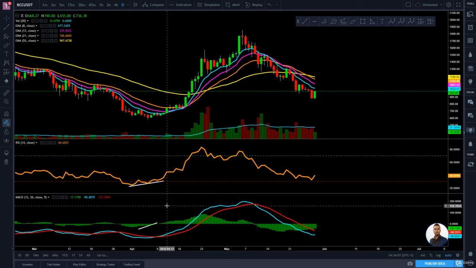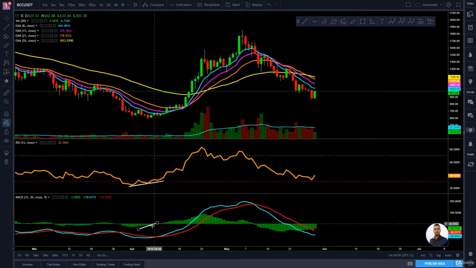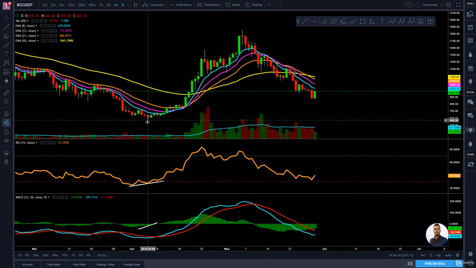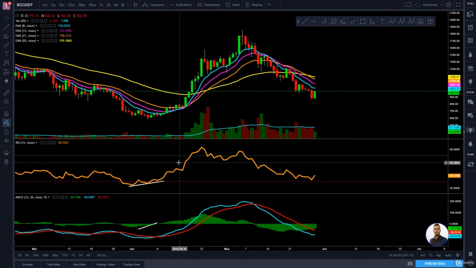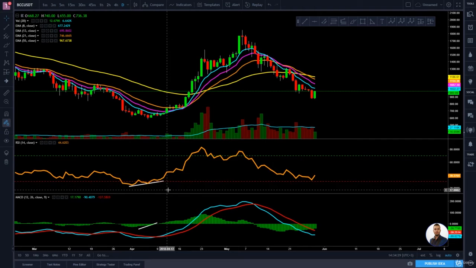So we see a bullish divergence on histogram and on RSI indicator as well, and we will enter our buy position right here where this higher low on the RSI is corresponding with this candle. And after we entered our buy position, we see on the RSI that it continues to make higher highs and higher lows, and that is the concept of an uptrend.